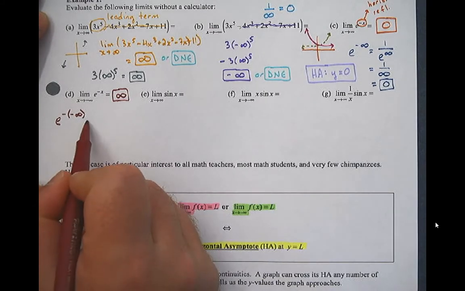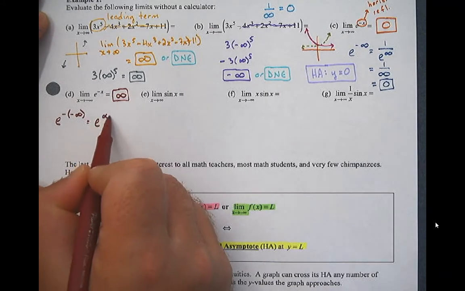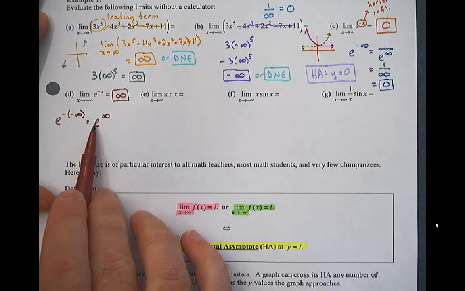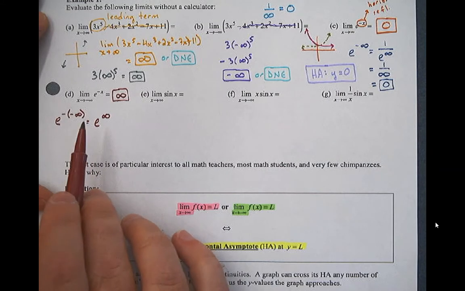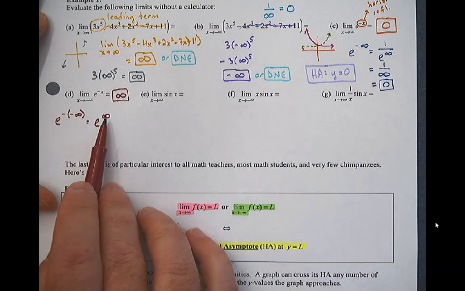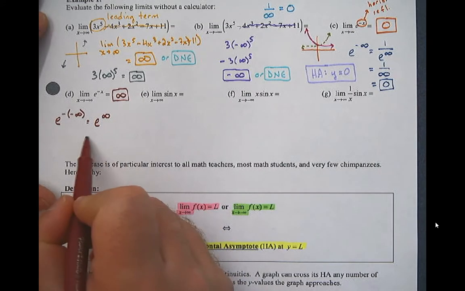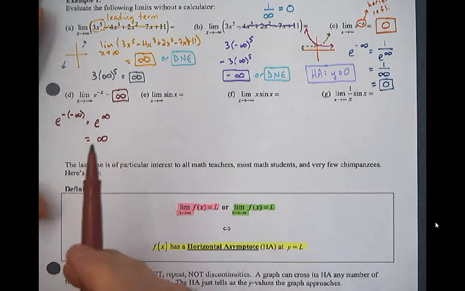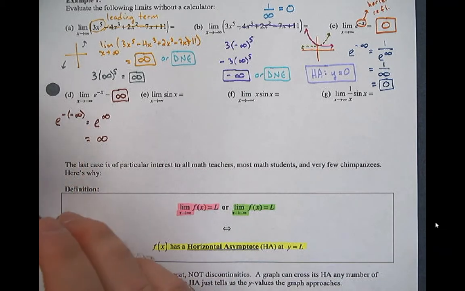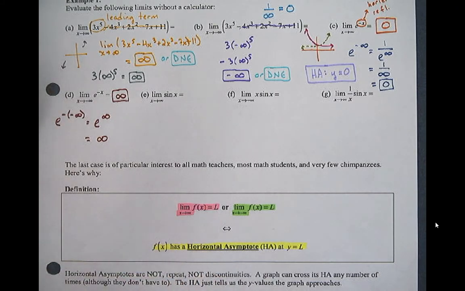That's a positive. So that would be the same as e to the infinity. Any number greater than 1 raised to infinity is going to end up being infinity. So we end up at the same place. So do we have an HA here? We do not.